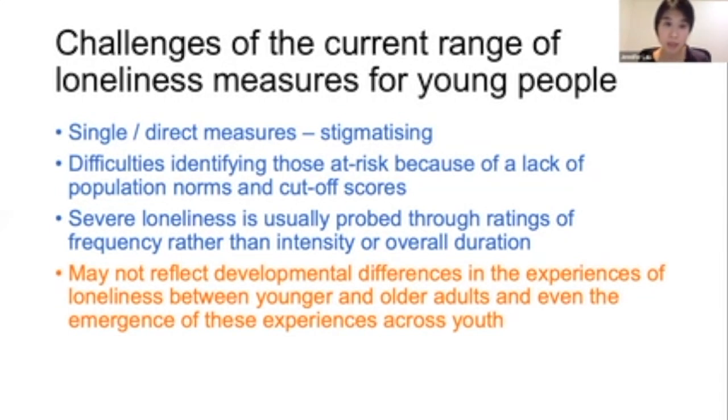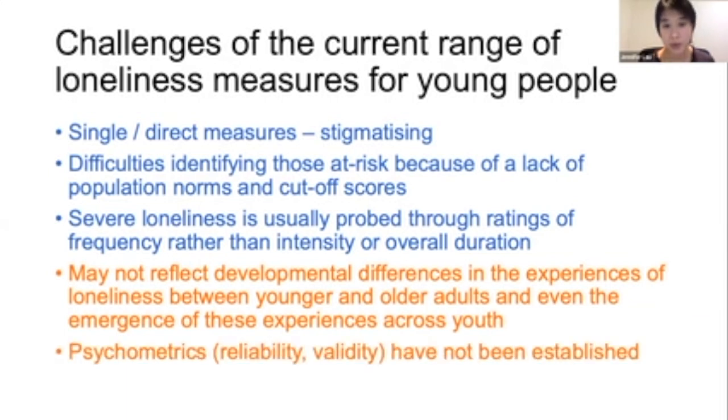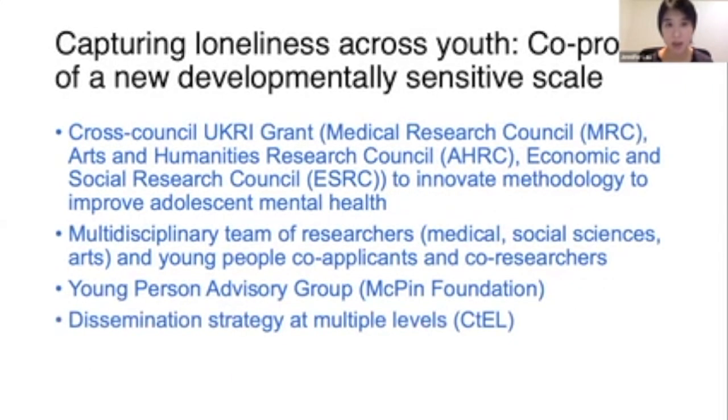They might also not be sensitive to changes even within youth. So it doesn't quite capture the authenticity of loneliness experiences in young people. And also the psychometrics, the reliability and validity that I mentioned earlier, have not been well established either.